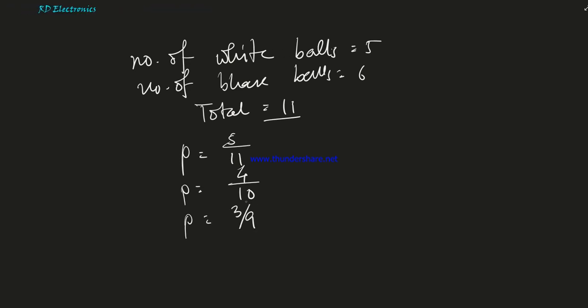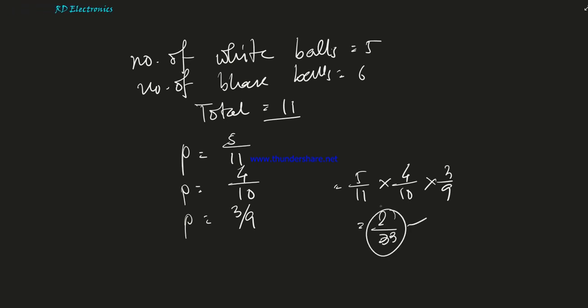Since 3 events are independent, according to the multiplicative law of probability, the probability of all the balls to be white is 5 by 11 into 4 by 10 into 3 by 9, which equals 2 by 33.